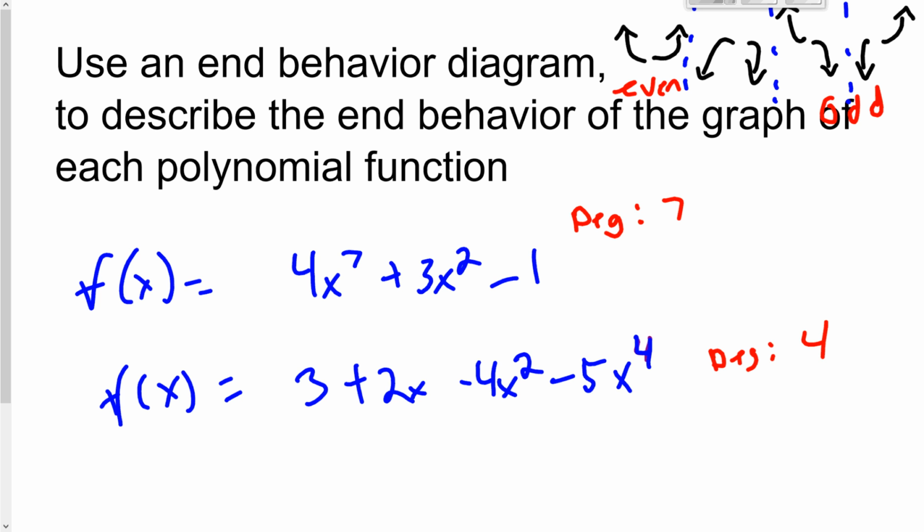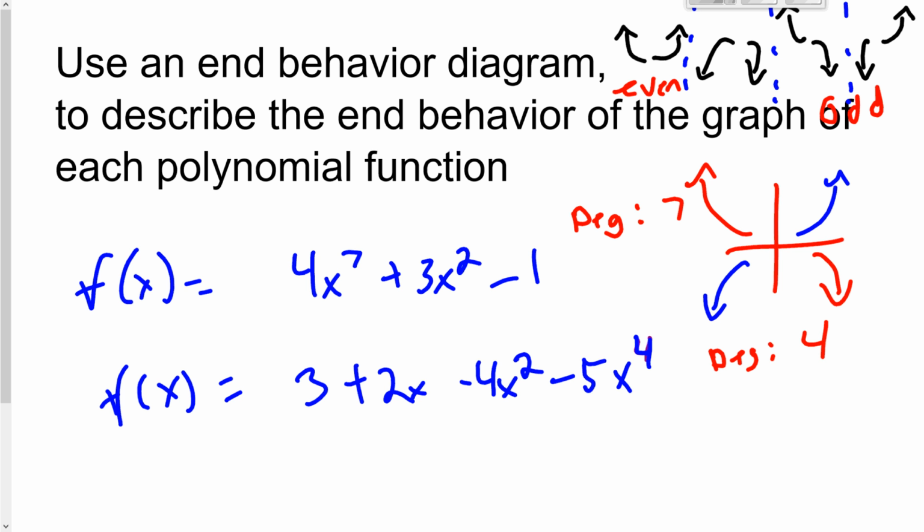So for an odd degree, the graph either goes up to the left and down to the right, or down to the left and up to the right.